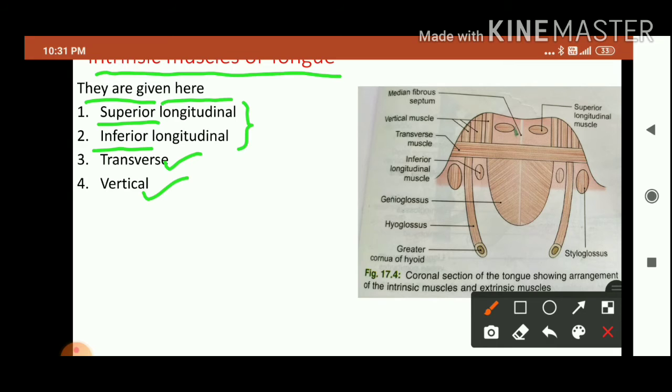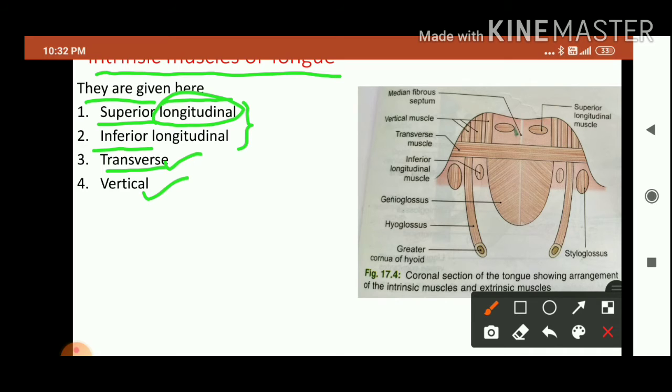And the vertical muscles are present vertical to the plane of the tongue.